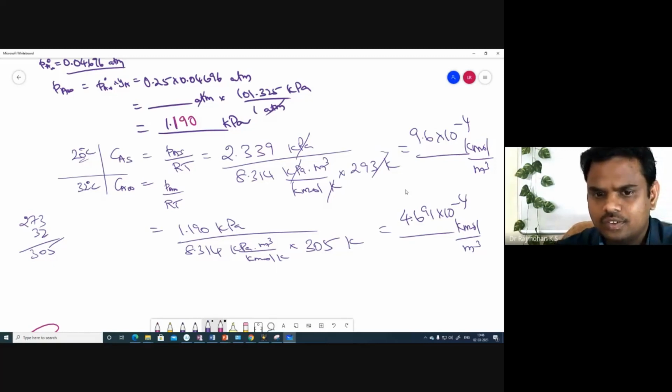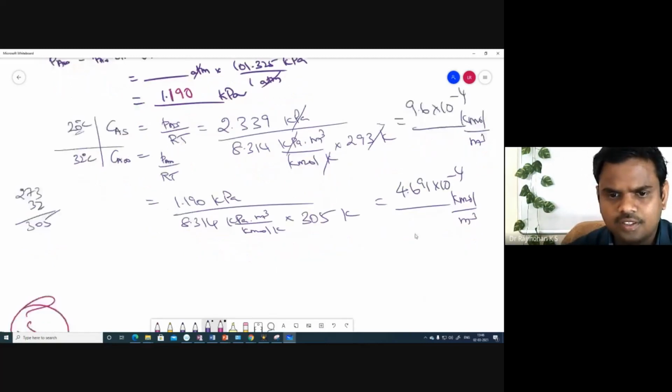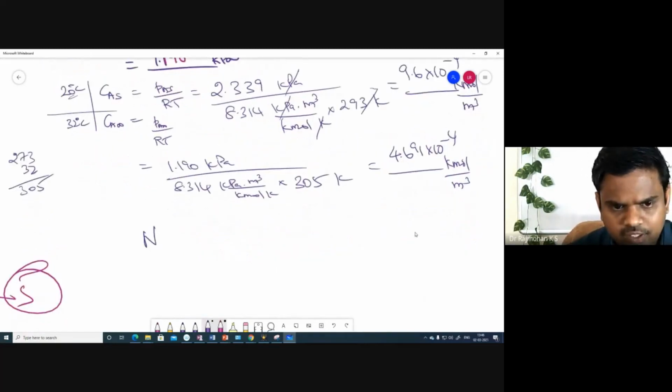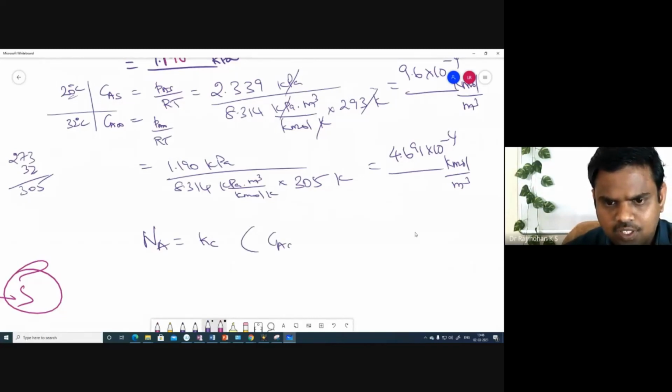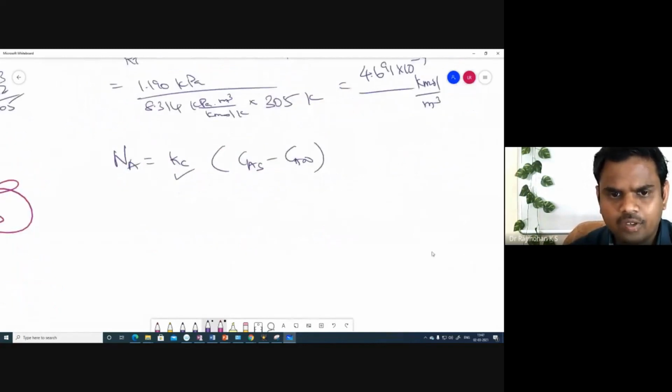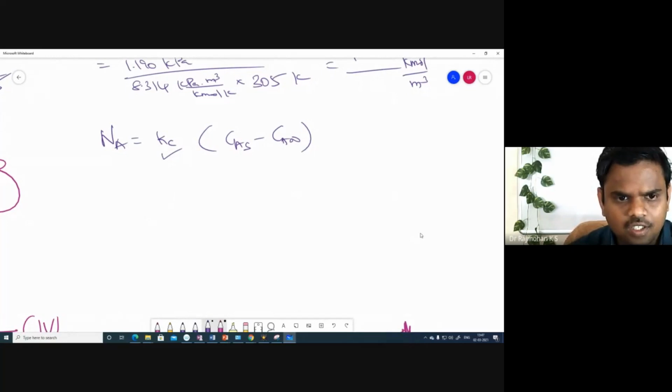To find the flux, we have NA equal to Kc into (CAS minus CA infinity). Now we have to get Kc. For that we will have to make use of correlations. The correlation needs the Reynolds number first, right? So how to start?